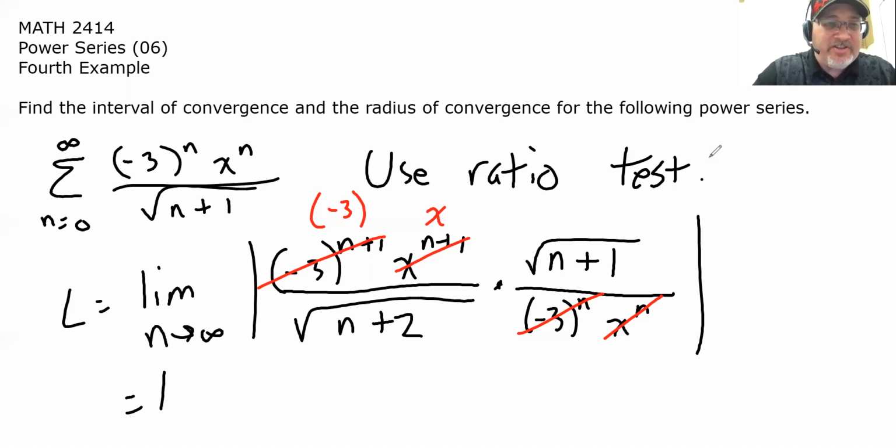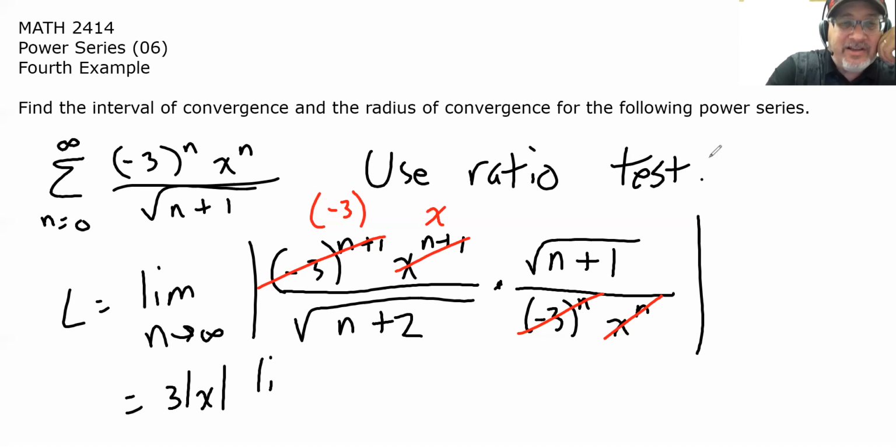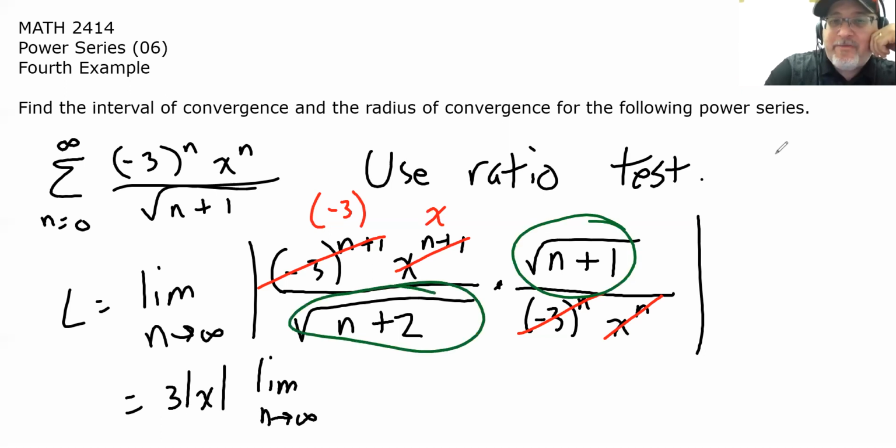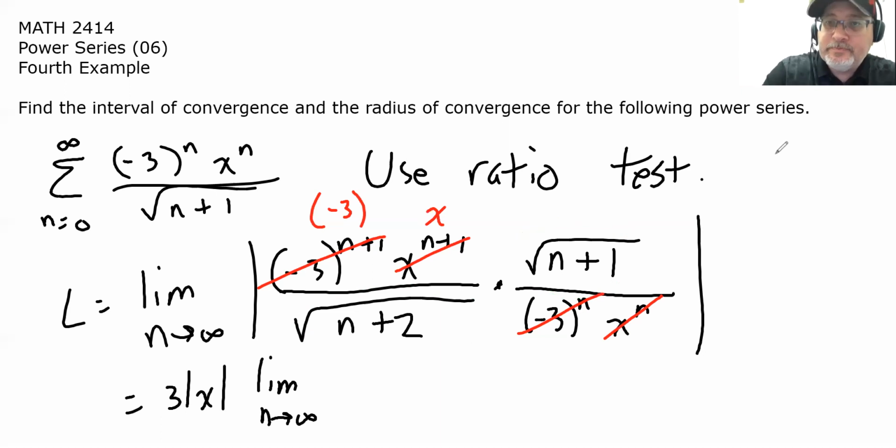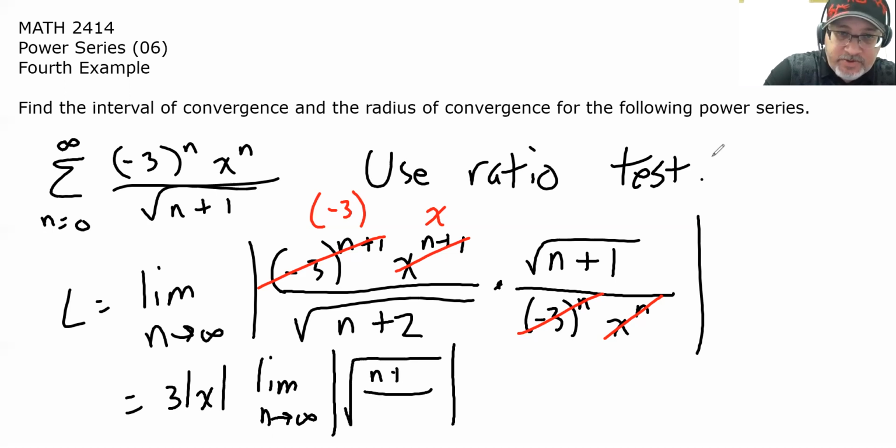So why is it still living inside the absolute value? I don't know. The x, on the other hand, could be positive or negative, so it has to stay in there. And let's take a look at the limit of what remains. Now, what remains on the top and the bottom are both square roots. And anytime you have one square root over another, you can just merge them into a single square root. So we have the limit of the absolute value of the square root of n plus 1 over n plus 2.